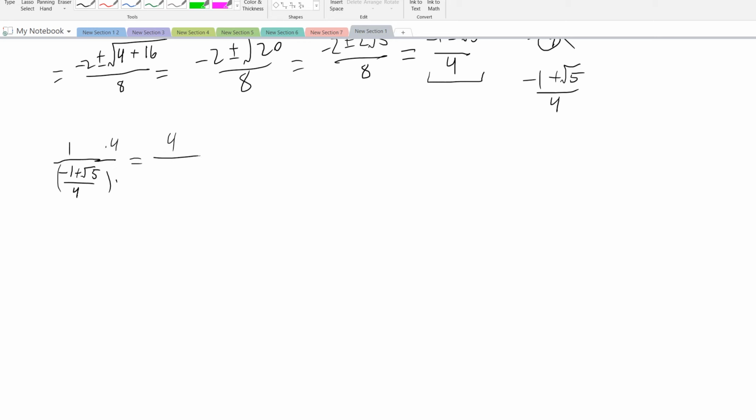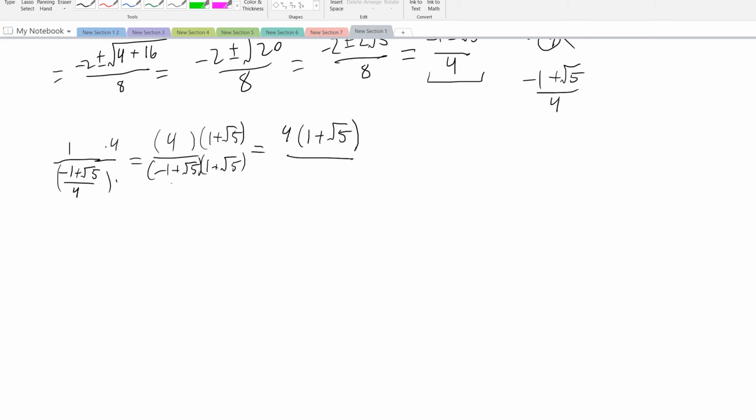We get 4 over negative 1 plus the square root of 5. And now here's a bit of a non-obvious thing to do. Let's multiply both our numerator and denominator by 1 plus the square root of 5. And the reason why will appear shortly. So our numerator becomes that.